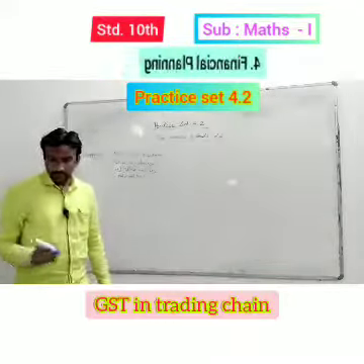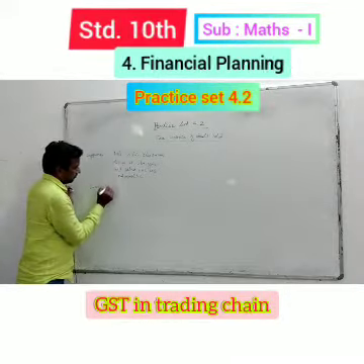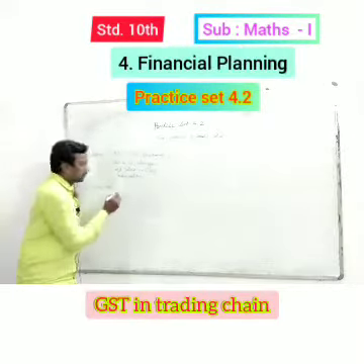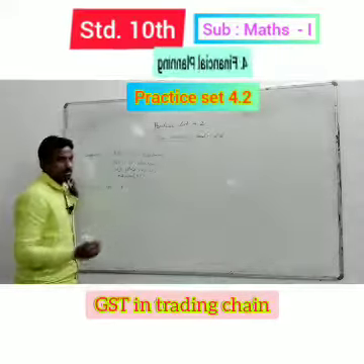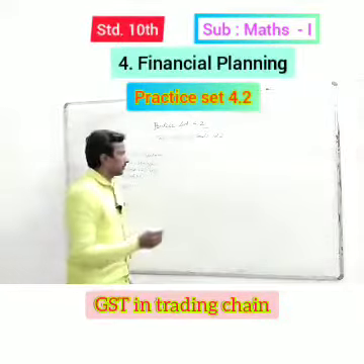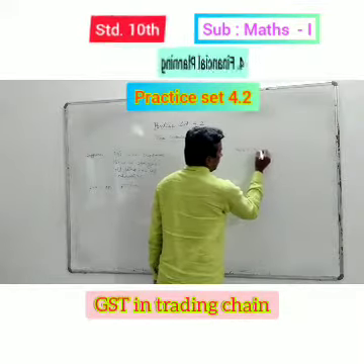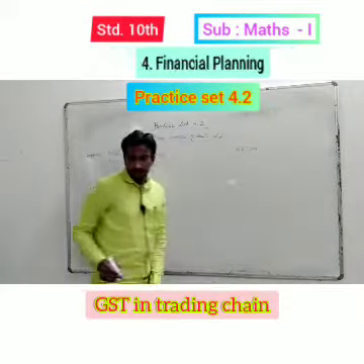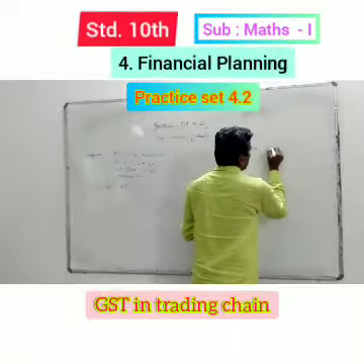Like this. Invoice number means that receipt number, suppose it is 001. Now GSTIN number, code of our Maharashtra is 27.